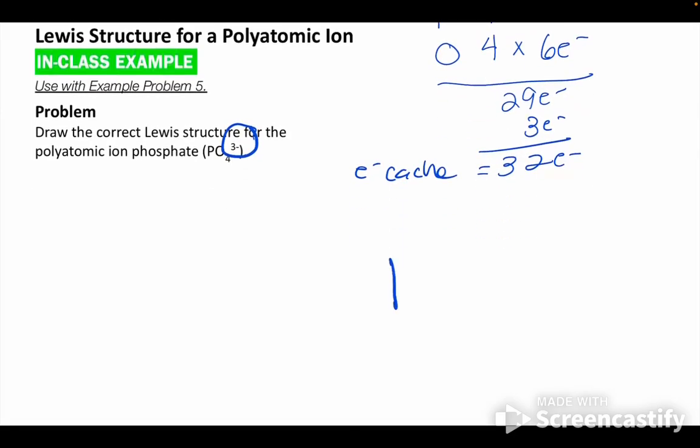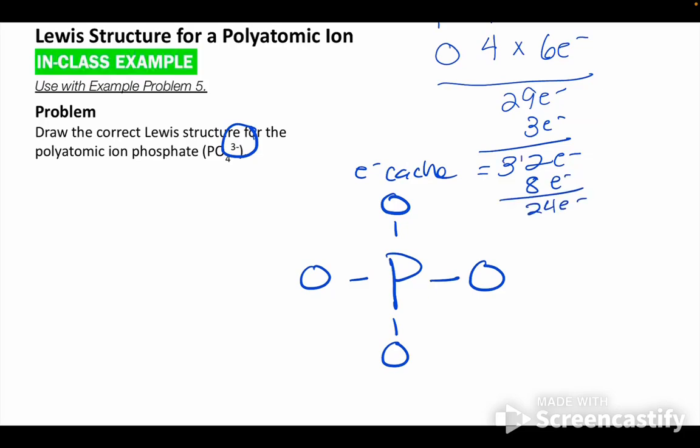We're going to put phosphorus in the middle and the oxygens on the outside. You can see I've used up 8 electrons, so now I'm left with 24 electrons. I'm going to change to a different color just so you can really see.